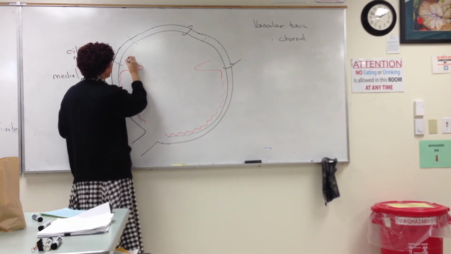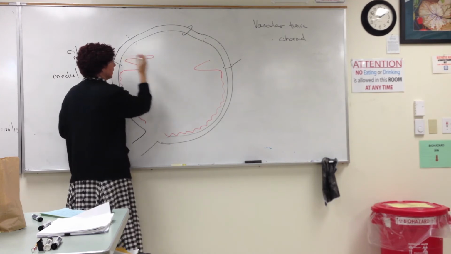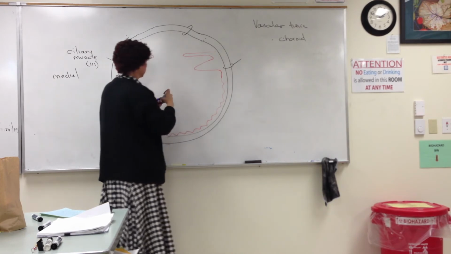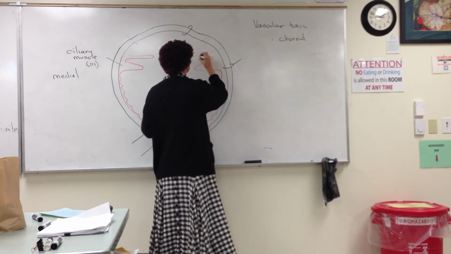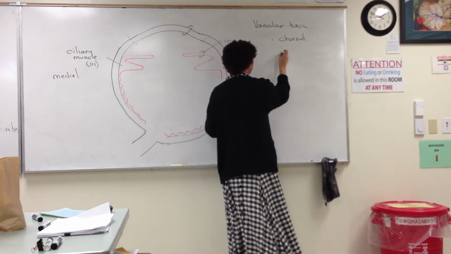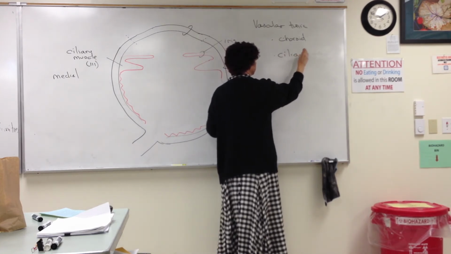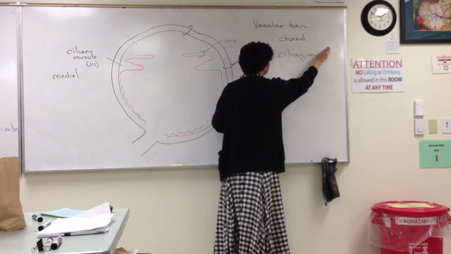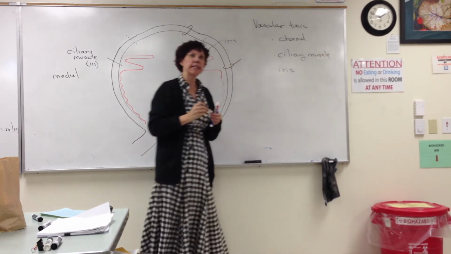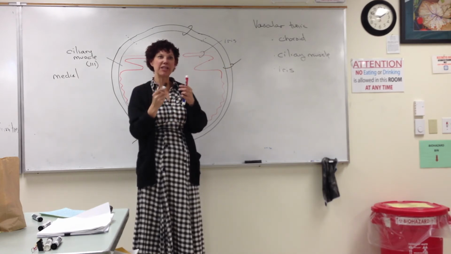And from that, we also see the iris muscle. So we're going to have the ciliary muscle. The iris. And remember, the iris has muscle that's formed in two directions.